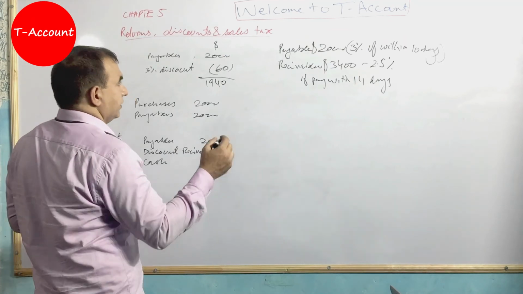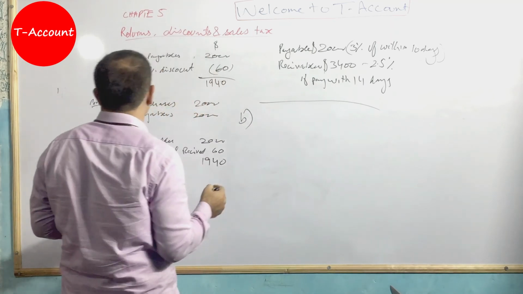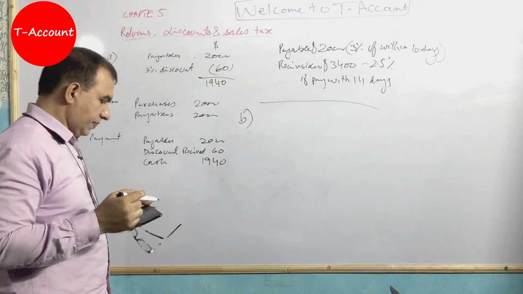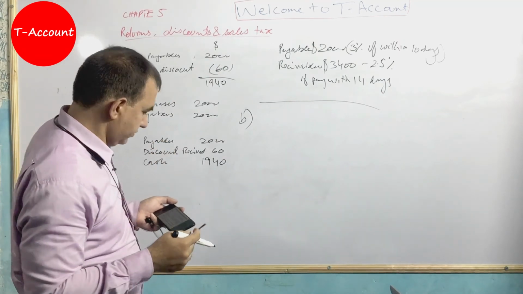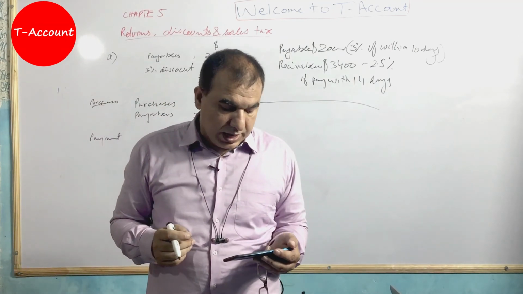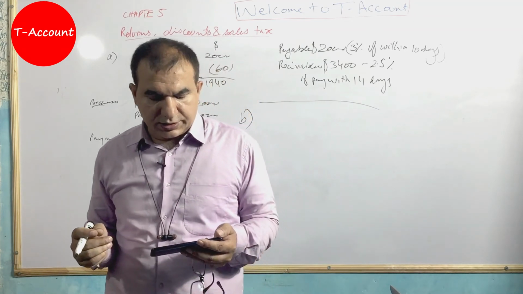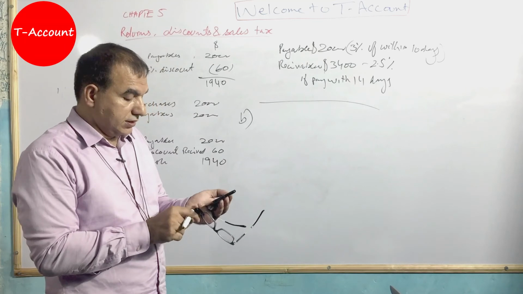In part B, what is he asking for? Now, this was part A. Part B: these are the entries which will be booked in the books of George for Iris. What accounting entries are required by George to record the receipt from Iris, the customer?